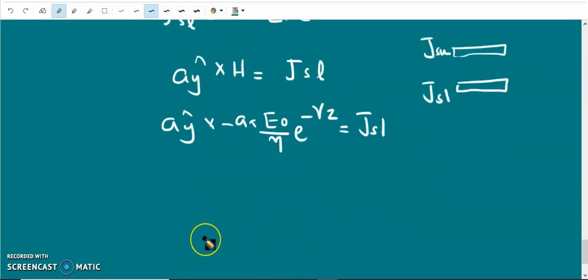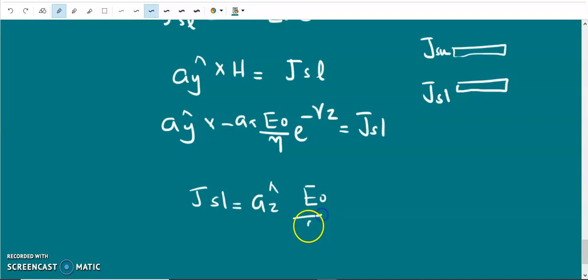So ay cross x is minus az, minus az is plus az. So JsL is equal to az cap E0 by eta e to the power gamma z, which can be written as e to the power minus j beta z.